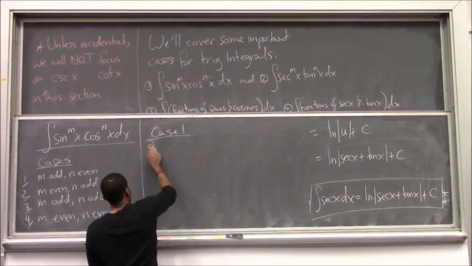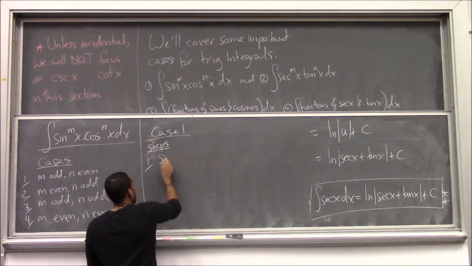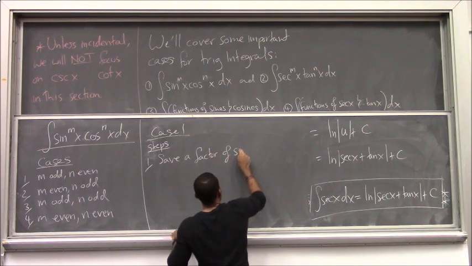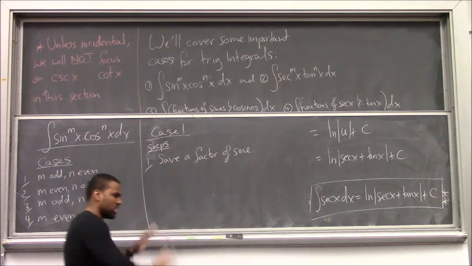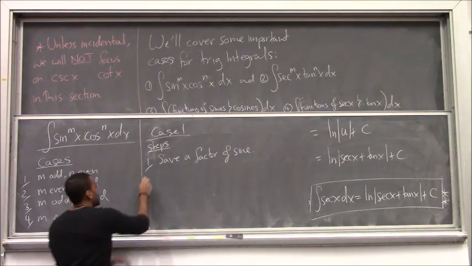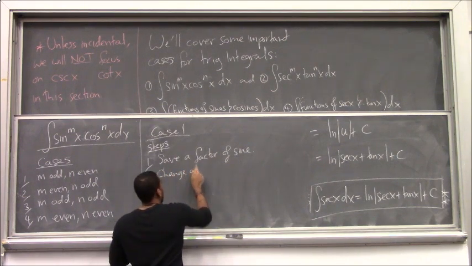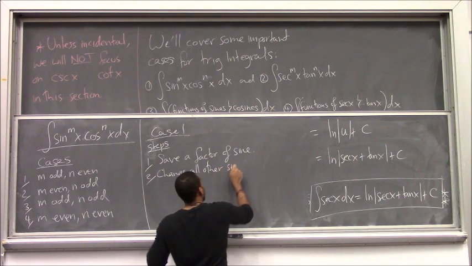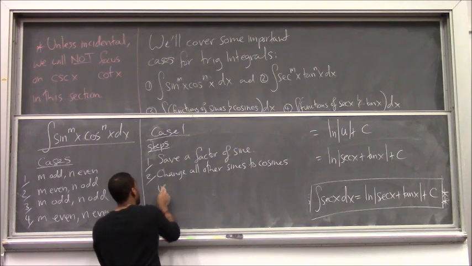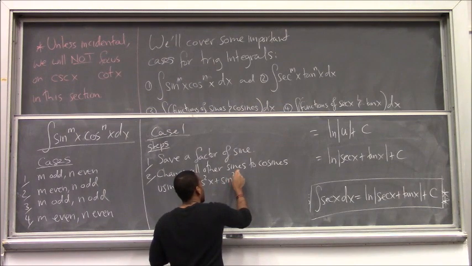So here are the steps. This is what you should be paying attention to, the strategy. The first thing you're going to do is save a factor of sine. Saving just means literally factoring it off, separating it, and having it sit there. Two, we're going to change all other sines to cosines. How are you going to change them? Using the identity, cosine squared plus sine squared equals 1.